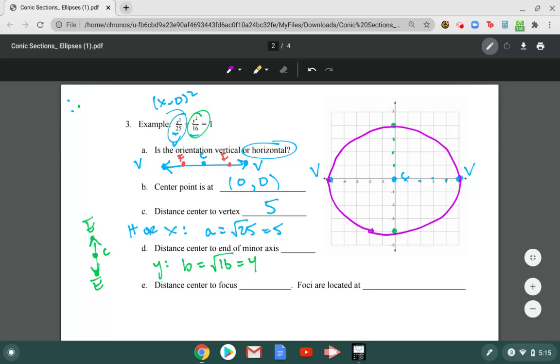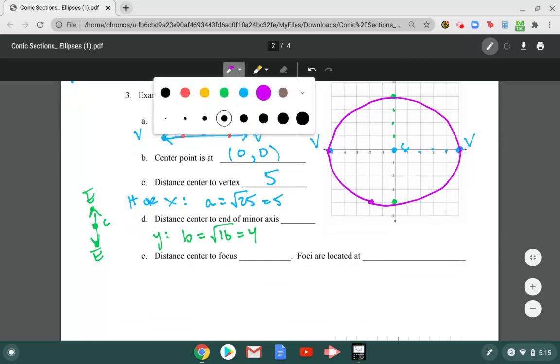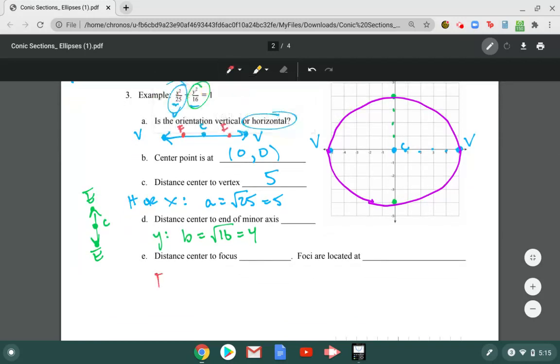Okay, not bad. I'm missing the foci though, and I know they're going to be between the center and the vertices. So let's go ahead and find our foci. I'm going to do this in red as well. The focus distance is the square root of a squared minus b squared, so I'm going to subtract those denominators. 25 minus 16. The square root of 9 is 3.